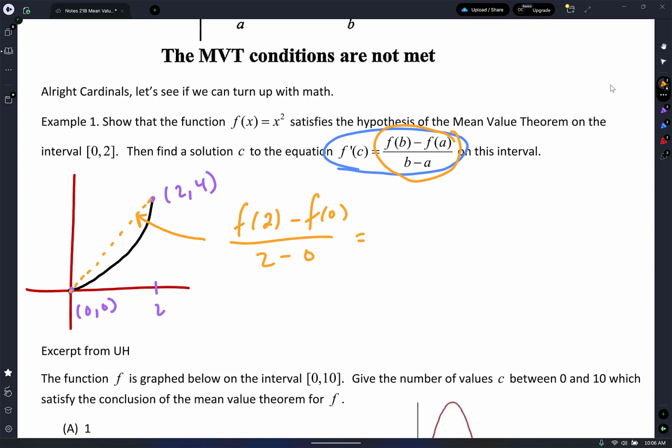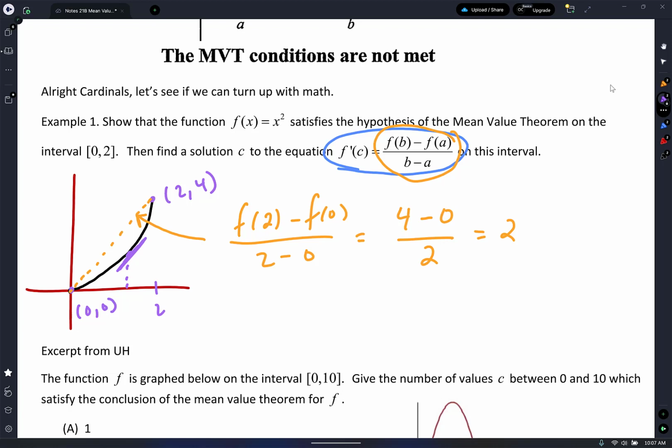F of 2 is 4. So 4 minus 0 divided by 2. Are we still okay? Equals 2. So the slope of that dashed line that you see is 2. Yay or nay? I want to find a tangent that has that same slope. It looks like right there. See how that purple line looks like it's parallel to that secant line or to that burnt orange dash line? I want to find what coordinate that is.